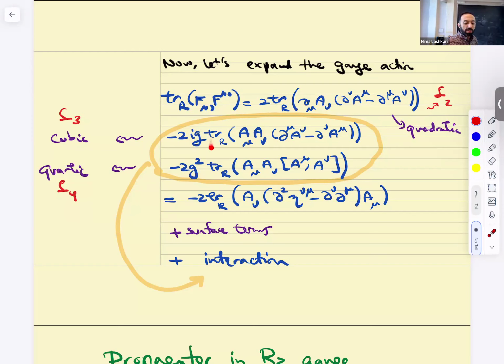Then I get a term which is g. It has a 3-point interaction, 3 vertices, and there's a del mu, right? That means the momentum. And then there is a 4-point interaction, a 4-point vertex, and no del mu, and this is g squared.